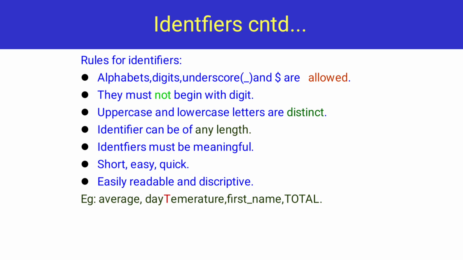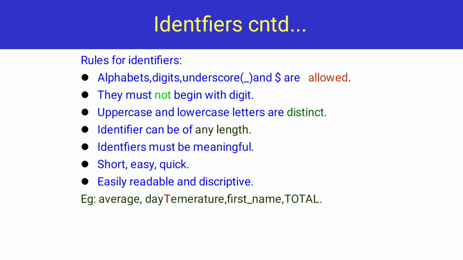The next rule of identifiers is that an identifier can be of any length. It could be 8 characters or any length. The next one is that an identifier must be meaningful. An identifier should convey a meaning.